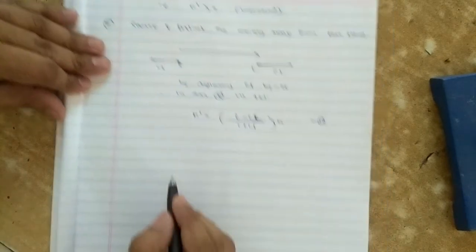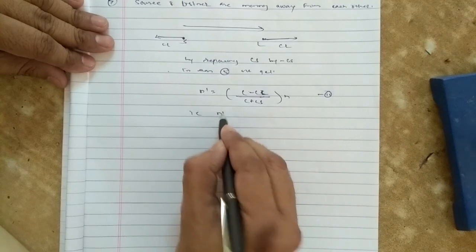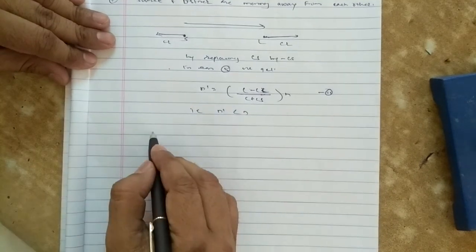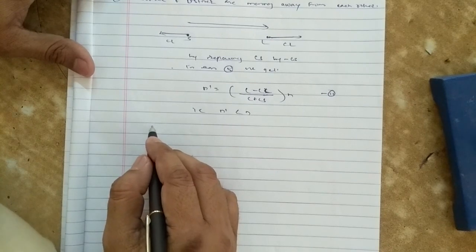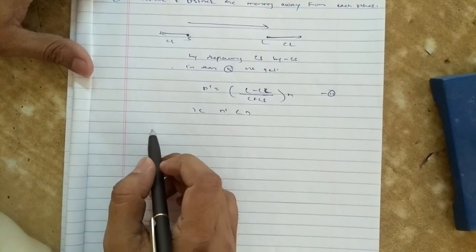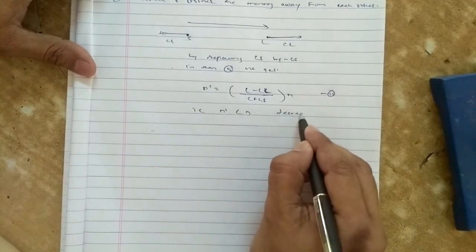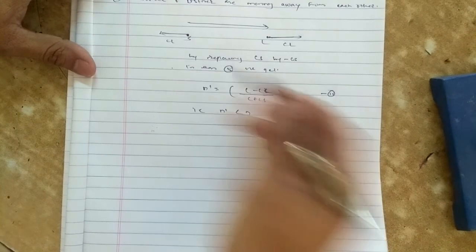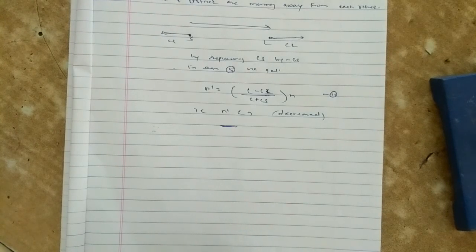This is equation number 11, and n prime is less than n. Thus when the source and listener move away from each other, the apparent frequency of the sound heard by the listener is decreased, because they are going in opposite directions. This is the expression for the Doppler effect, or apparent frequency, in different cases.